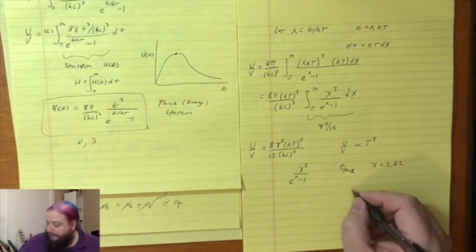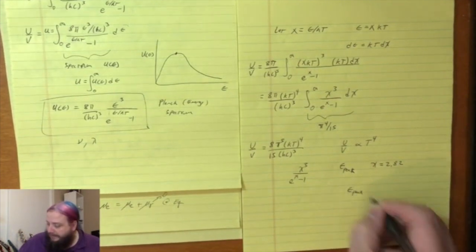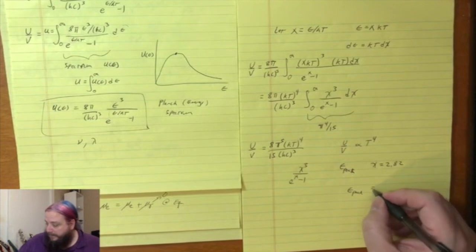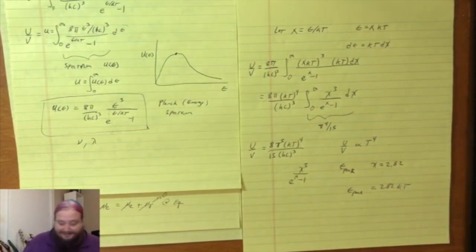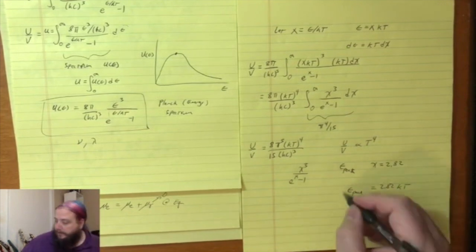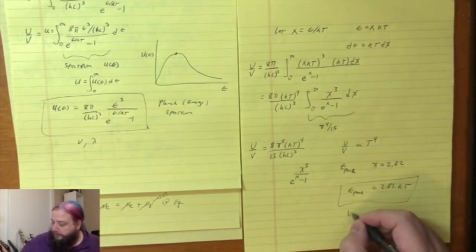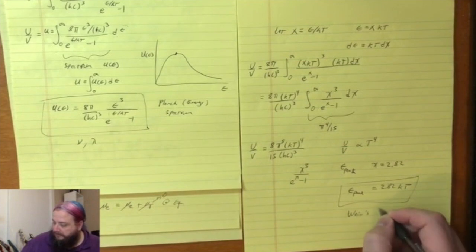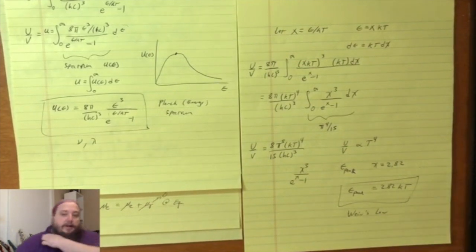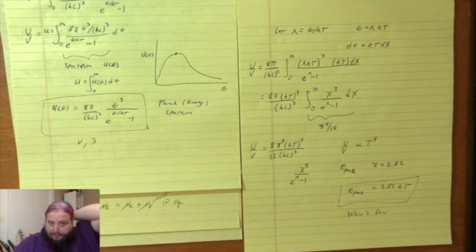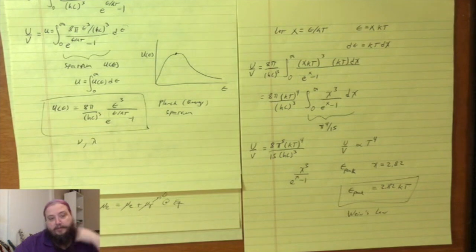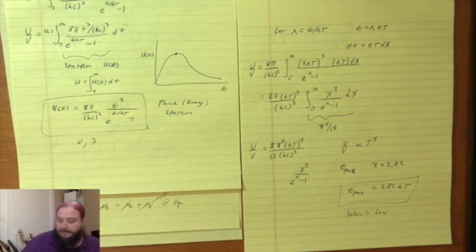In other words, the peak in the energy spectrum happens at 2.82 kT, a result called Wien's law, and there are equivalent versions of that for the peak of the energy spectrum versus wavelength, and the peak of the energy spectrum versus frequency.